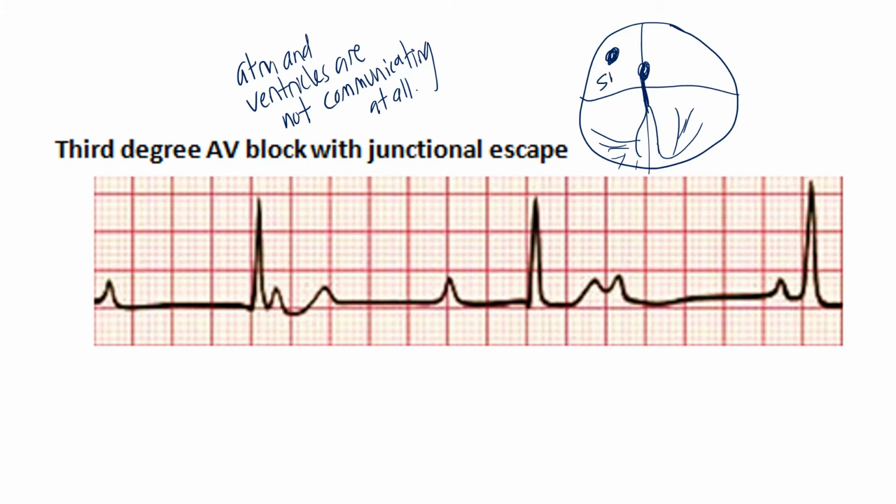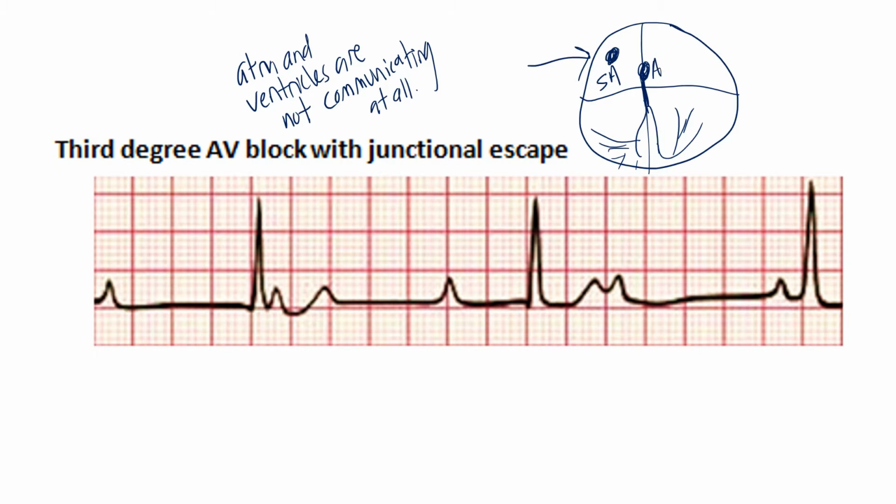So the SA node is the thing that actually controls the heart rate in a normal patient with no problems. But when the SA node has a problem, then it will go to the next pacemaker that has the next highest heart rate. So you can imagine the SA node is inherently beating the fastest of all of the other nodes.